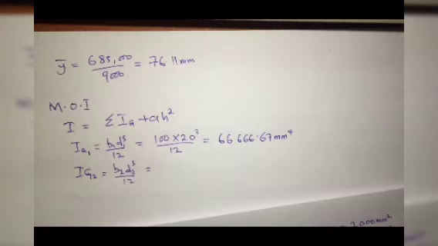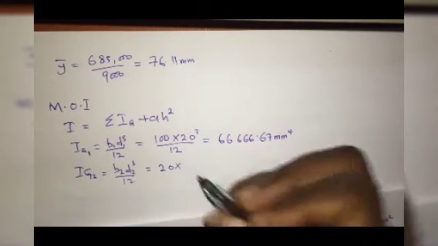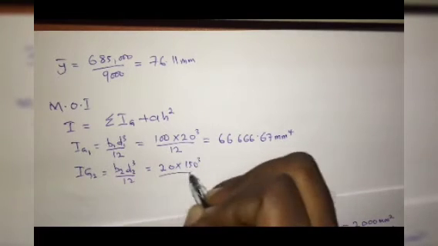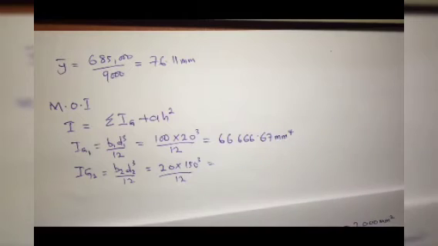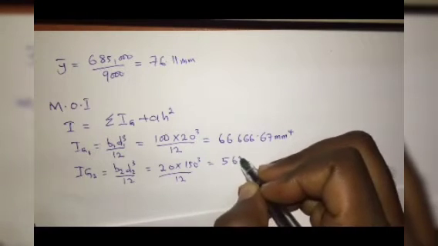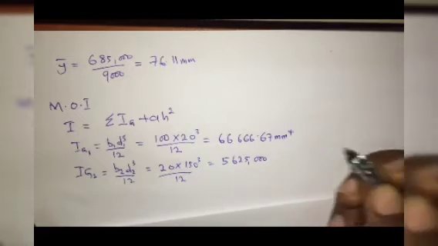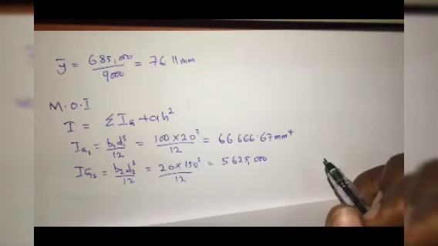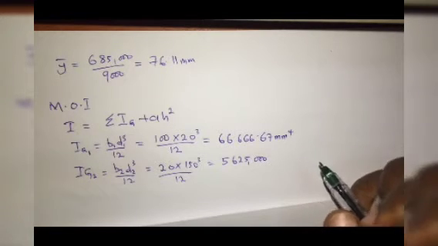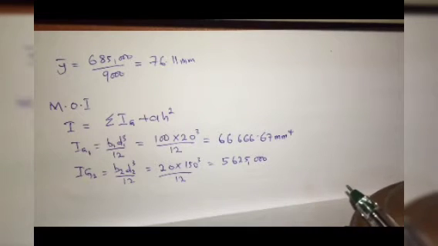The second moment of inertia, for the second rectangle, is going to be 20 times 150 to the power 3 over 12. In this case, B is 20 and D is 150. Calculating everything, we have 5,625,000 millimeters to the power 4. This is the moment of inertia of rectangle 2.